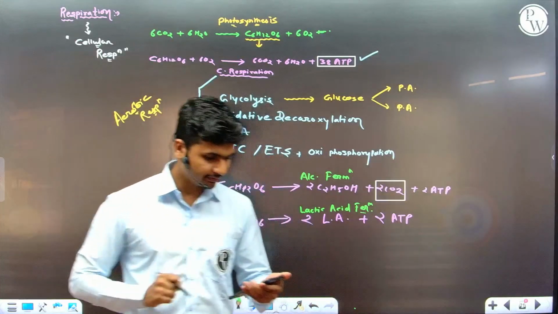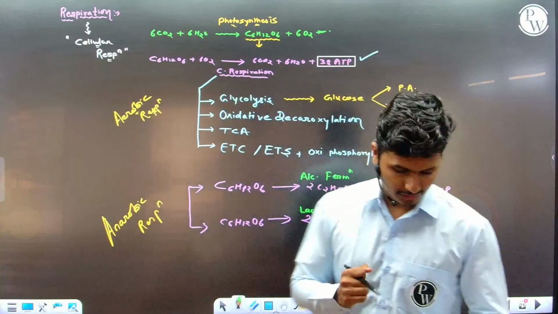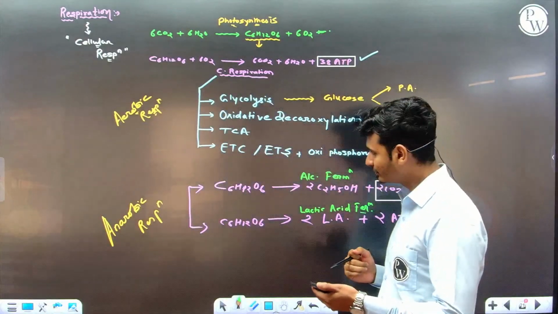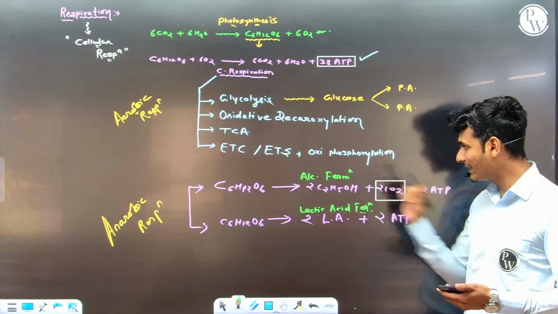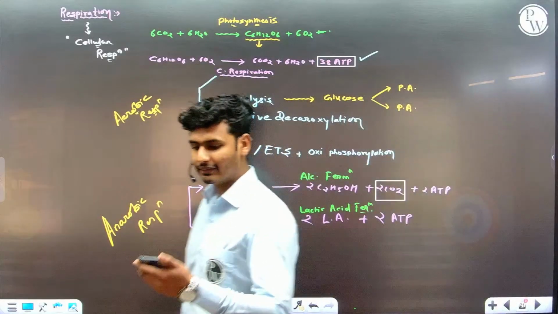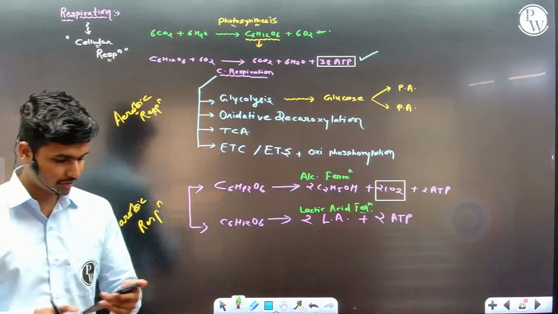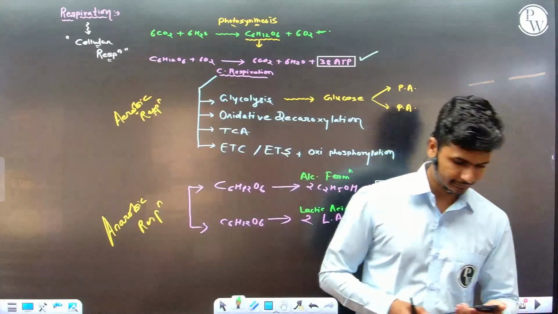So in respiration in plants, glycolysis is a very important concept. Stay tuned, Sandro. My question is, 2 molecules of CO2 are released in alcoholic fermentation. Why not in lactic acid fermentation? Anyone in the chat section? Try to give the answer.